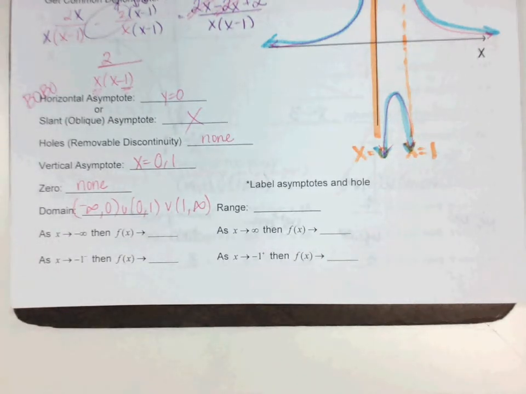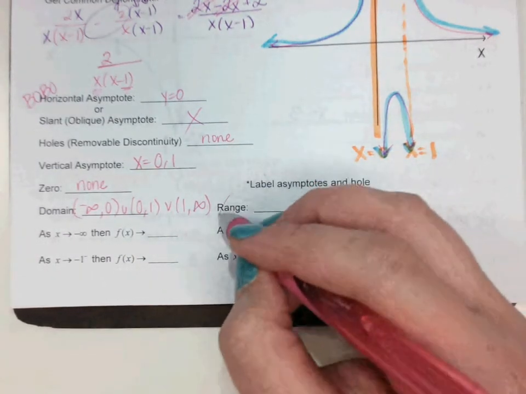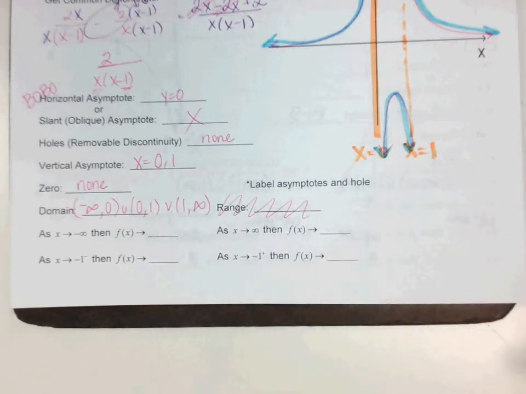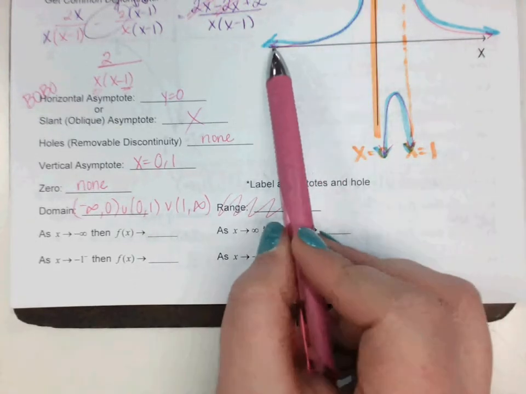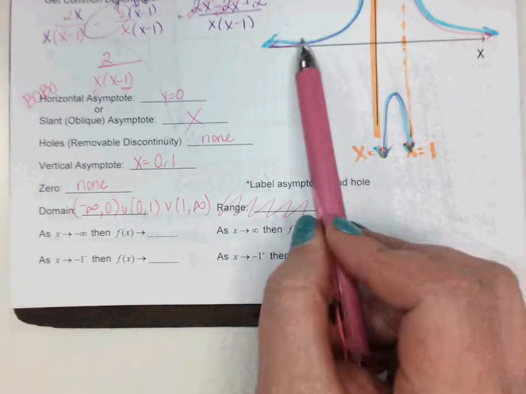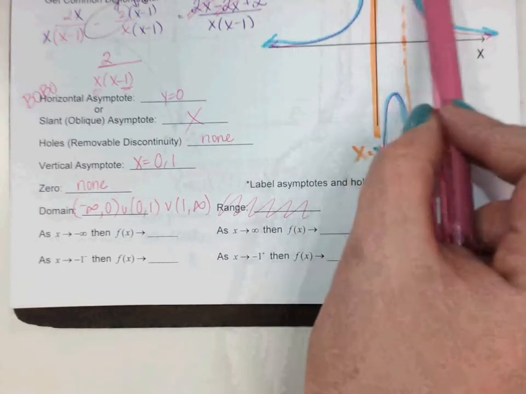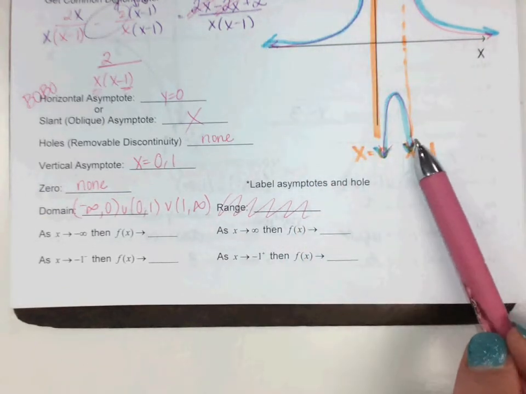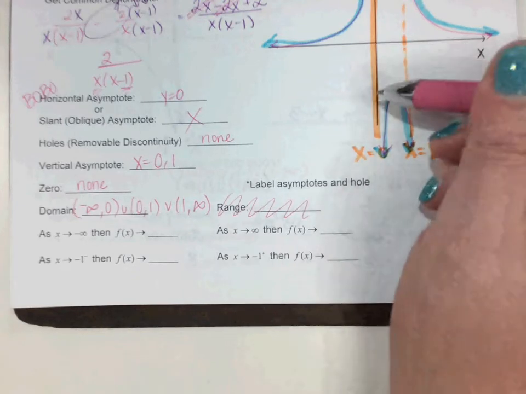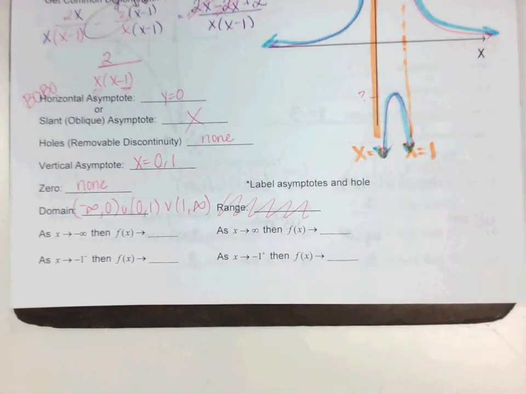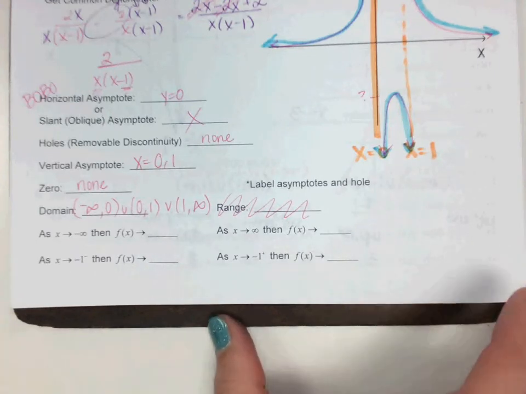I double checked on the exam tomorrow. It doesn't ask you for range. But your range on this one, what's the lowest I can go for these top two? 0 to infinity. And then your range on this guy, negative infinity to whatever this y value is. And you would just look on the graphs to see what that is. Okay? But it's not on your exam.